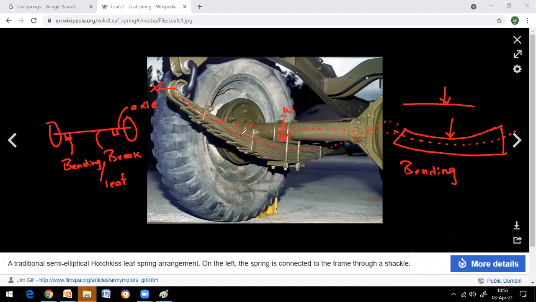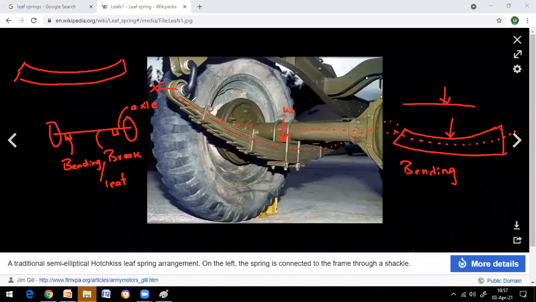You may have another doubt: sir, why is this spring in this shape? Why can't it be just a solid rod? We could place a solid rod directly like this, right? Why was it provided with plates? Why are these plates wound on each other?